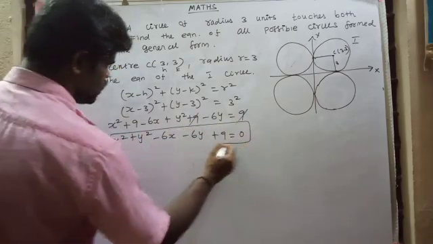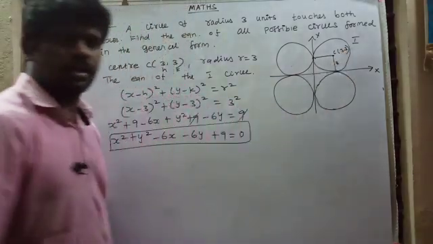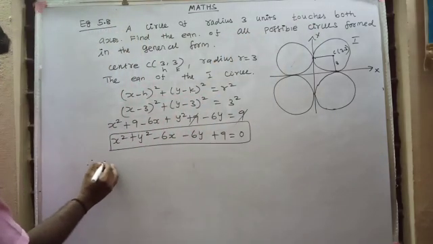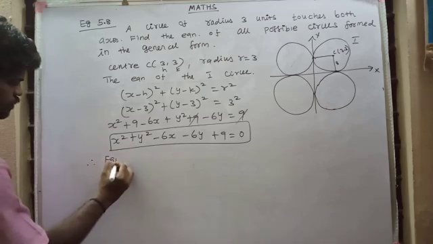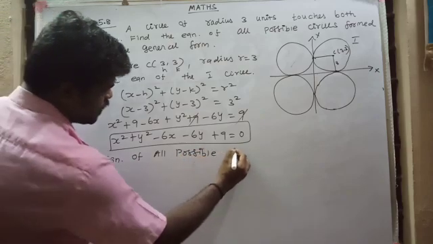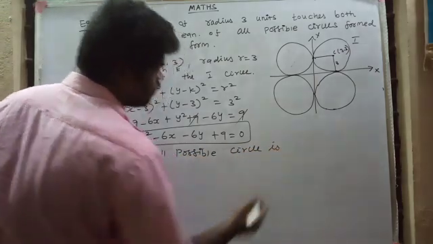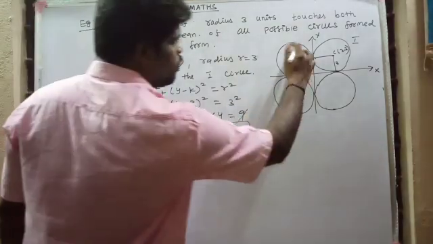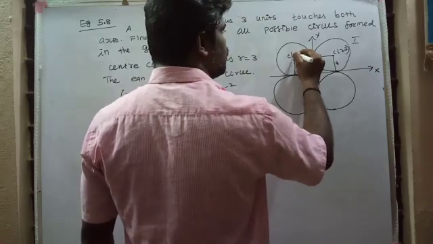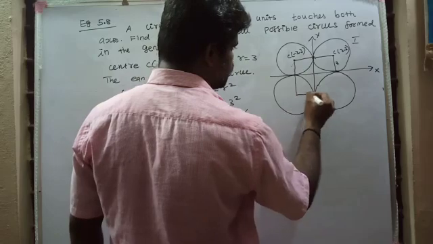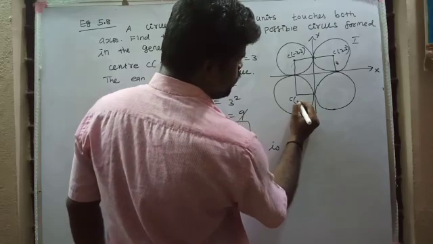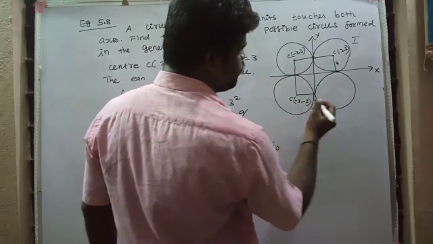This is the first circle equation, and we want to find all possible circles. Therefore, the equation of all possible circles: this is center C, minus 3 comma 3, and this one is center C in the third quadrant, where both points are negative, minus 3 comma minus 3, and this is the fourth quadrant.